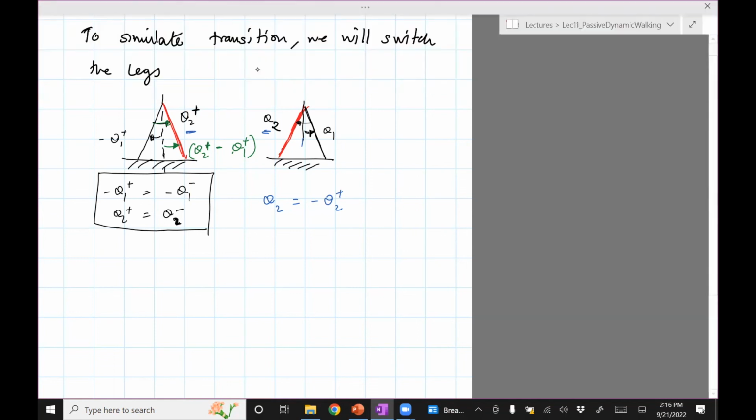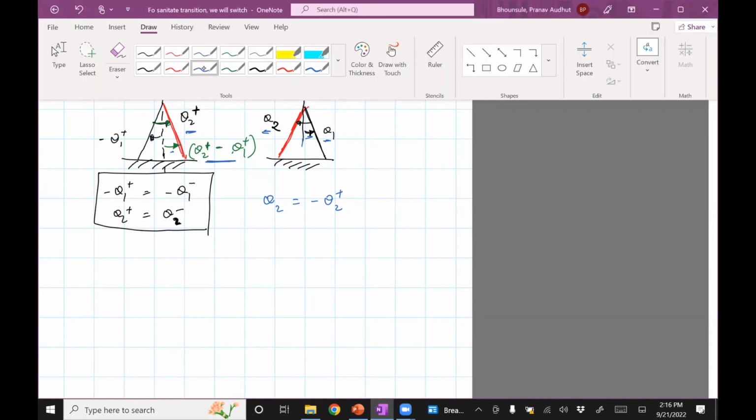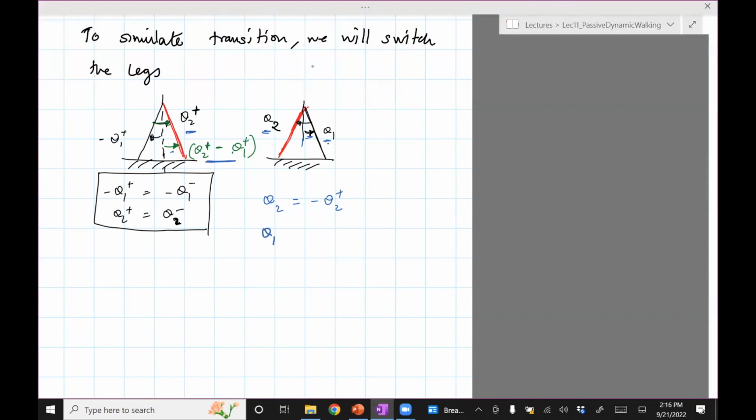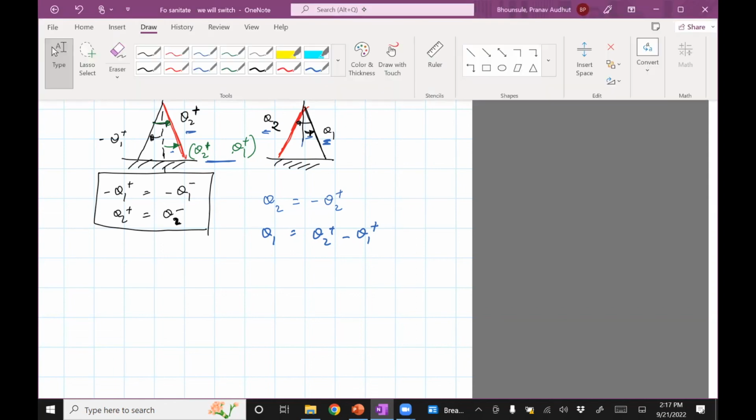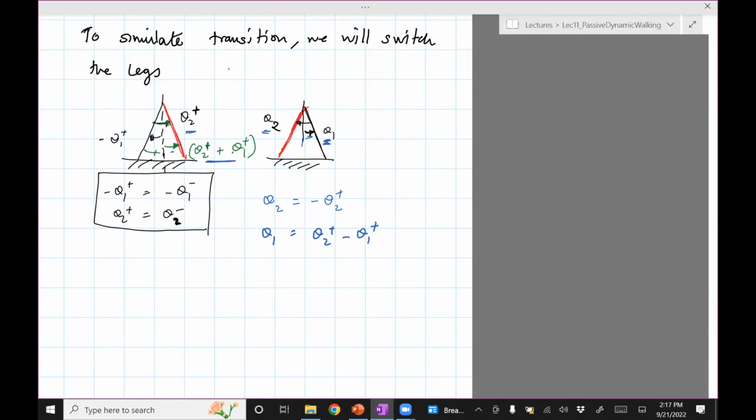And then if you look at this, compare these two figures, you see that this one is theta2 positive minus theta1 positive. No, my bad, this should be positive. Why it should be positive is because of what I just said, which is this angle is positive theta1 positive.